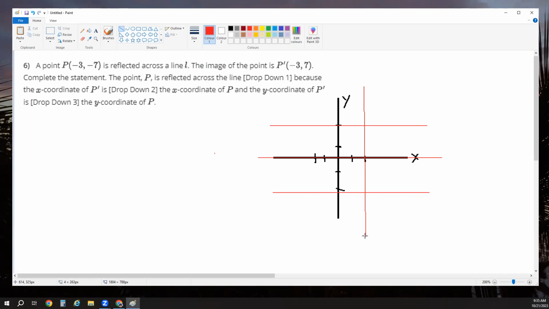Because no matter what point I have on y, let me change these colors. This is x equals 2. This is x equals -2. That's the line. So no matter what point on y that I have, x is going to equal -2.